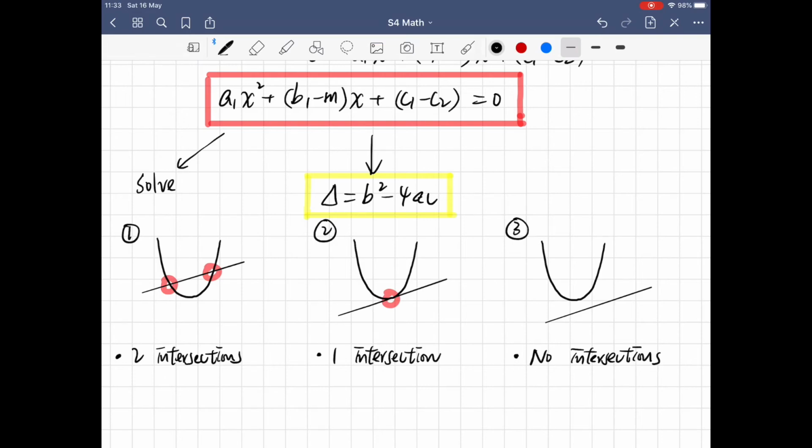And then, in terms of solutions, we know that if there are two intersections, that means we have two real solutions. And for one intersection, that means there is one real solution. And for the third case, that means there are no real solutions.